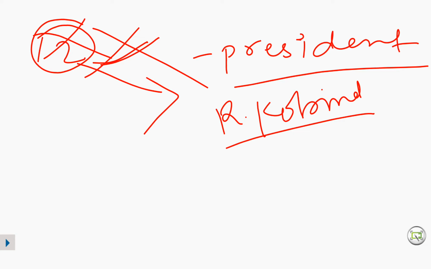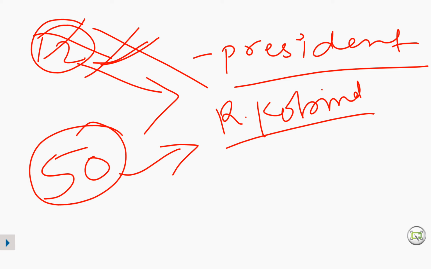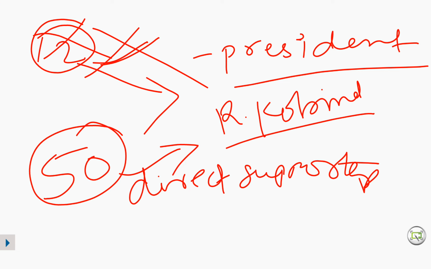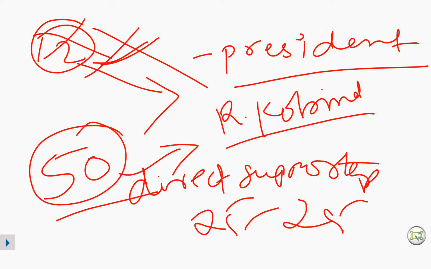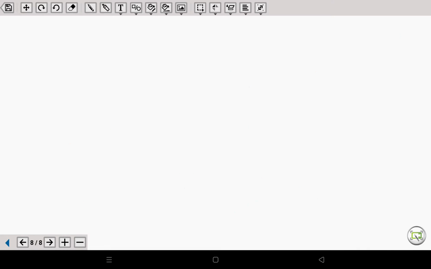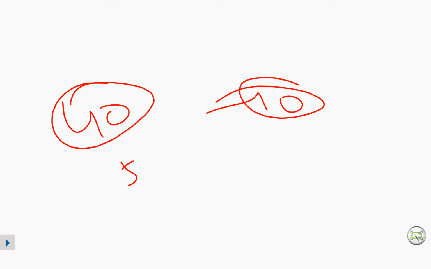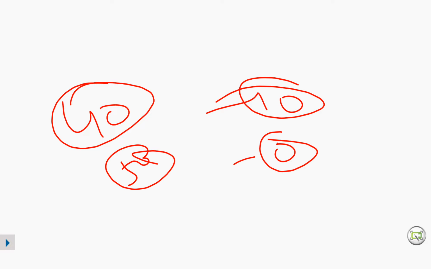Next, what should a candidate have? How many MPs or MLAs in their support? In total, 50 proposers should be there. 50 means 50 direct supporters of that person from any house, either 25 from Lok Sabha and 25 from Rajya Sabha, or 40 from Lok Sabha and 10 from Rajya Sabha, or 50 from Lok Sabha and 0 from Rajya Sabha.